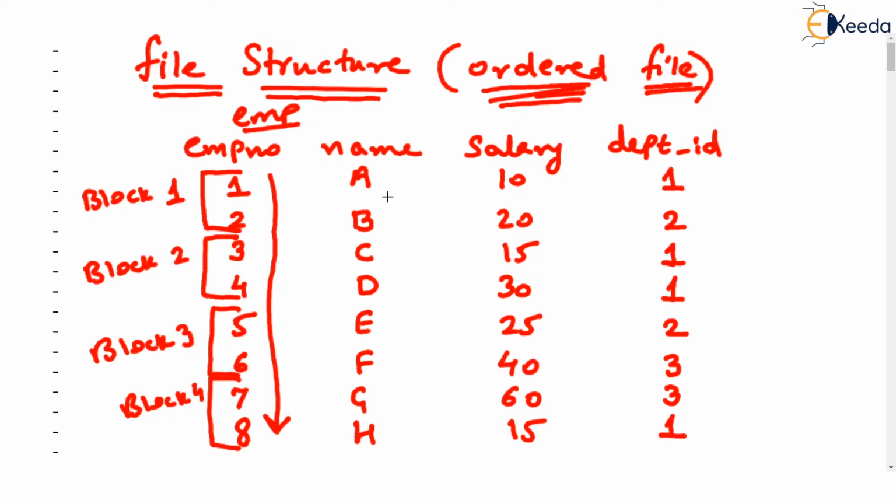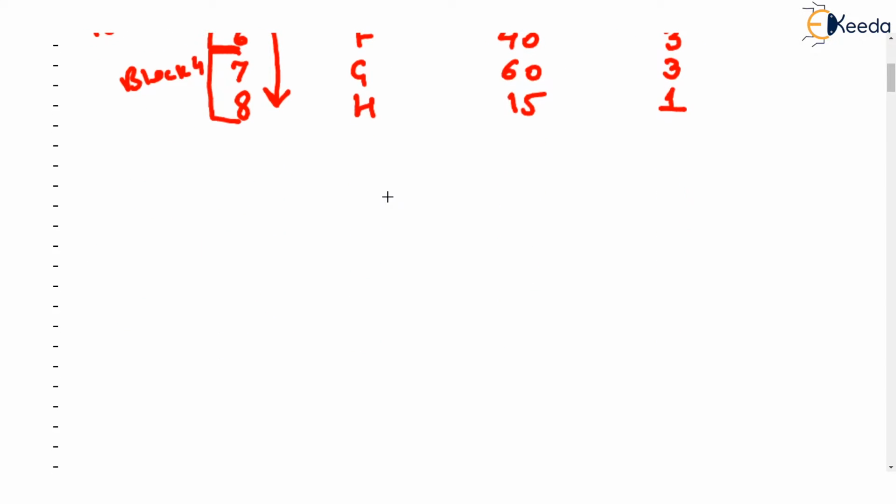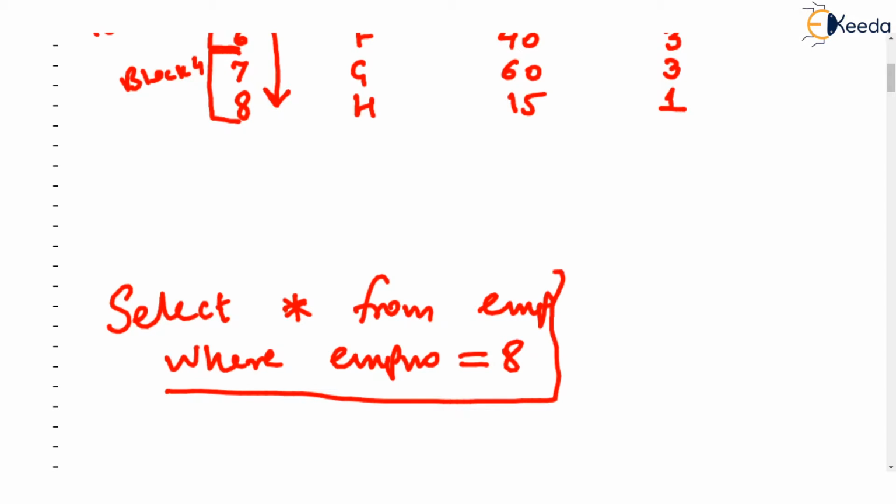Recall that in the earlier video, we did not learn how the records are really searched. Rather, assume that we have written a query like this: select star from EMP where emp number is equal to 8. So we want only one record whose number is 8.